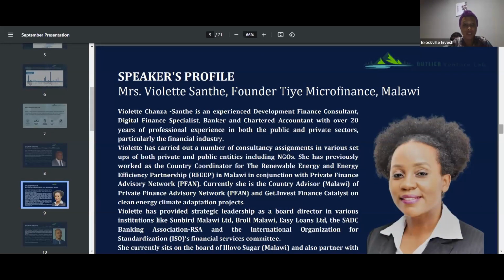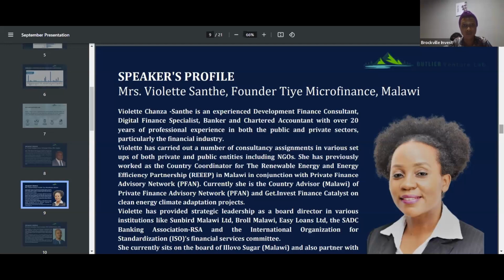Violet has carried out a number of consultancy assignments in various setups of both private and public entities, including NGOs.